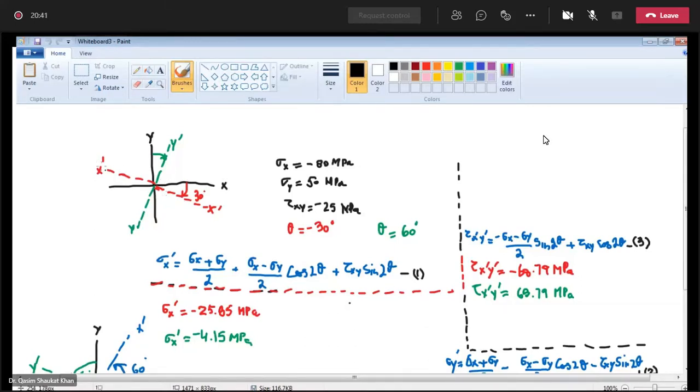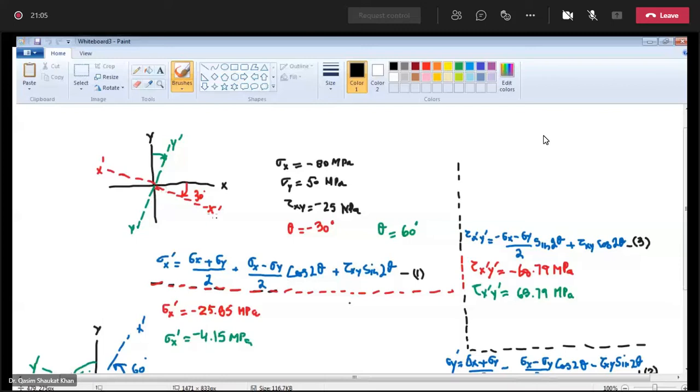So this is my x dash axis, which is rotated at an angle 30 degrees clockwise with reference to x axis. Then we have this y dash axis, which is rotated at an angle 30 degrees clockwise with reference to y axis. So these are my rotated axes.